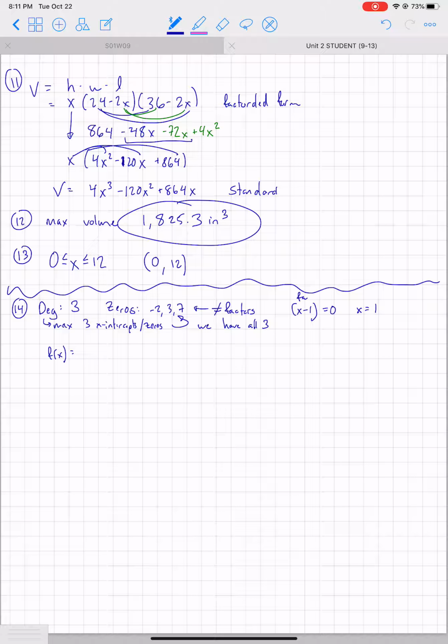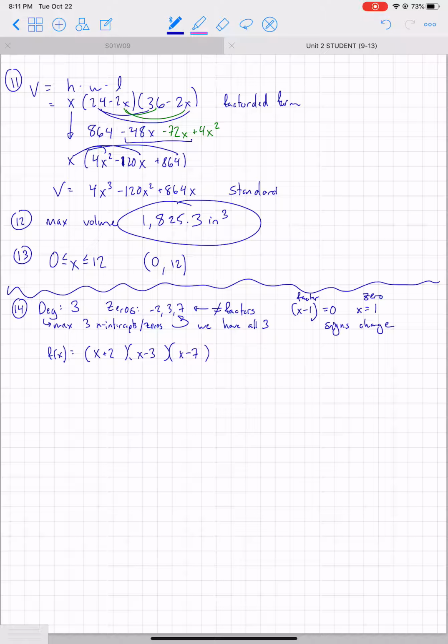So this is the factor, this is the 0. Notice how the signs change. We need to write this into factored form, and we need the signs to change. So the 0 of -2 turns into x plus 2. The 0 of positive 3 turns into x minus 3, and likewise for x minus 7.